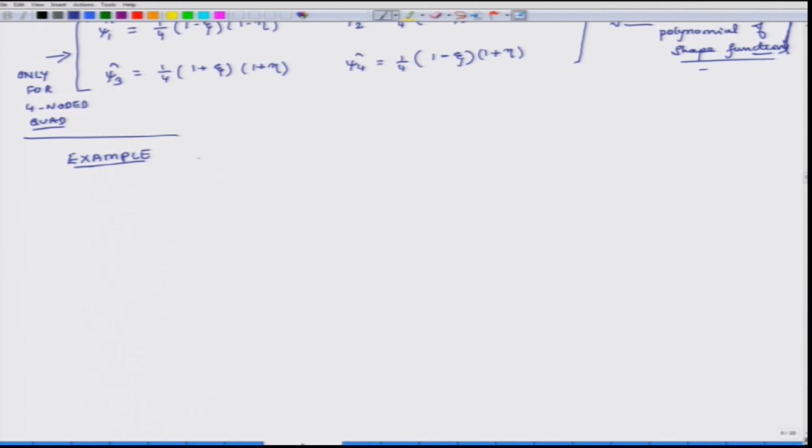Okay. So, Kij for each element, we have developed this relation earlier several times.